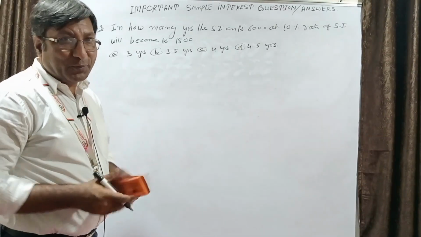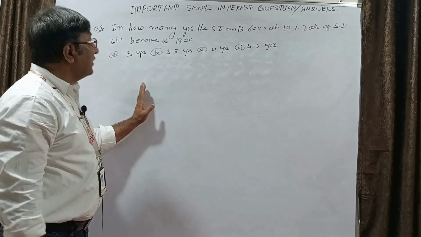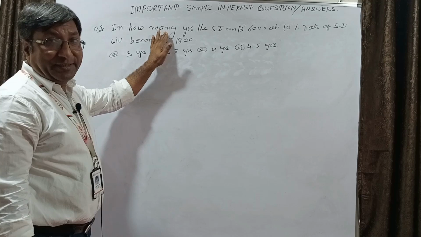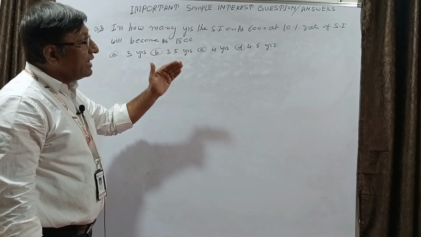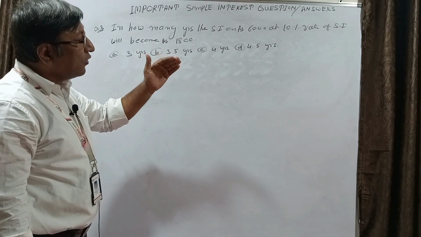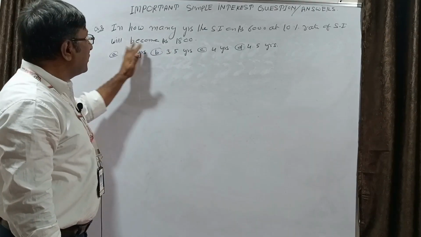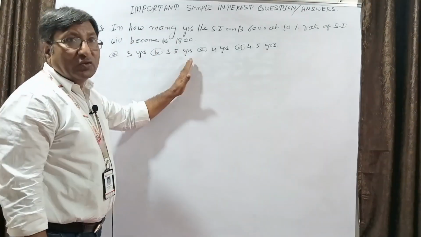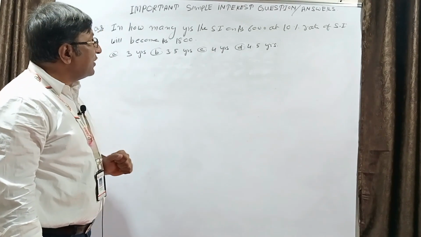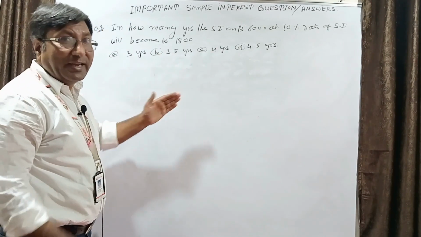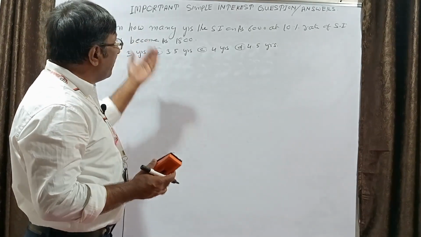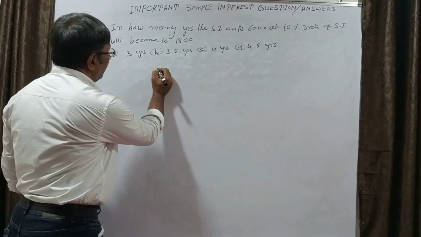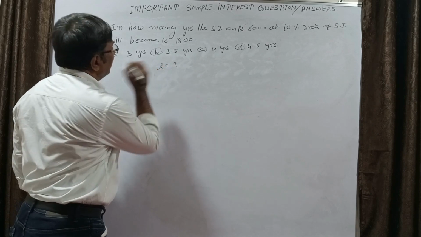Now see the third question. In how many years will the simple interest on rupees 6000 at 10% rate of simple interest become rupees 1800? Again, the first important thing is to read the question carefully and check what is given. In how many years means we have to find the time.